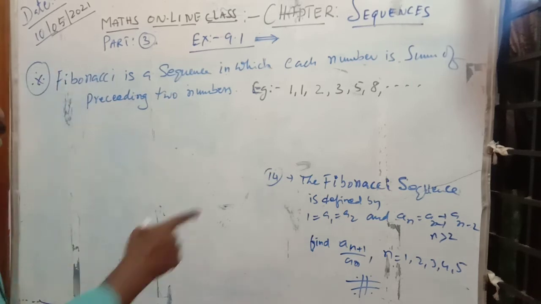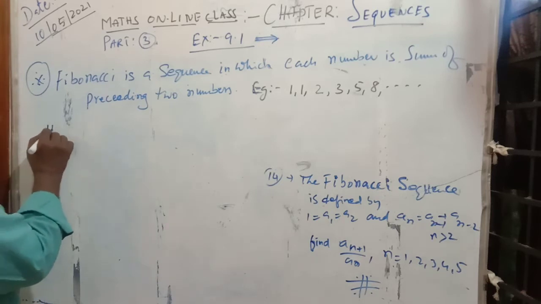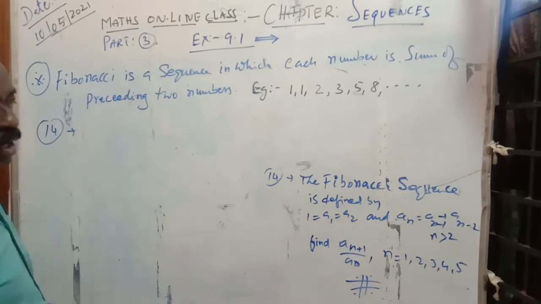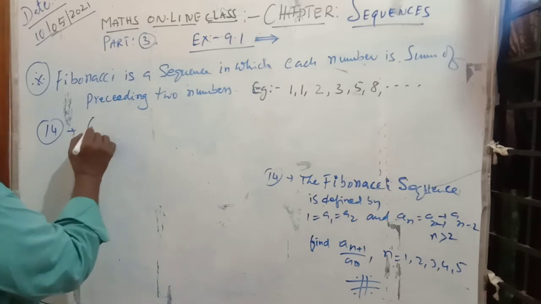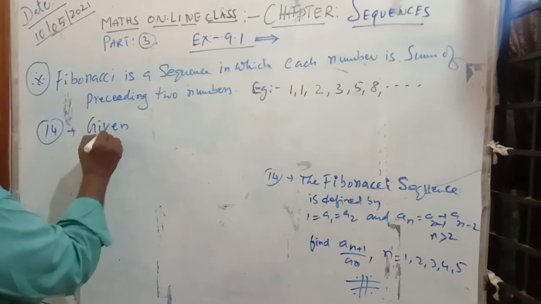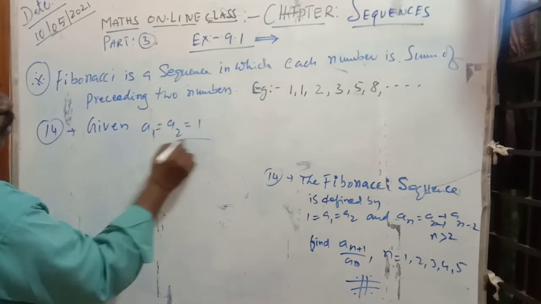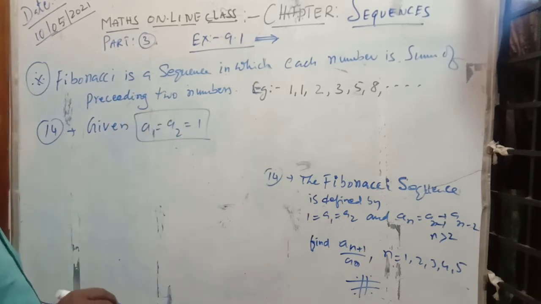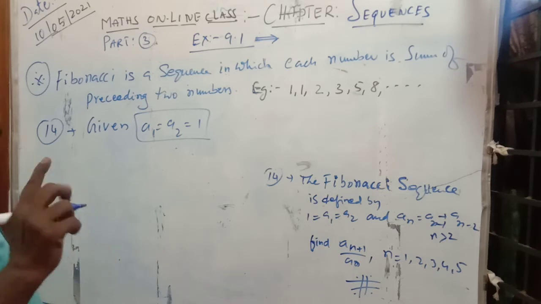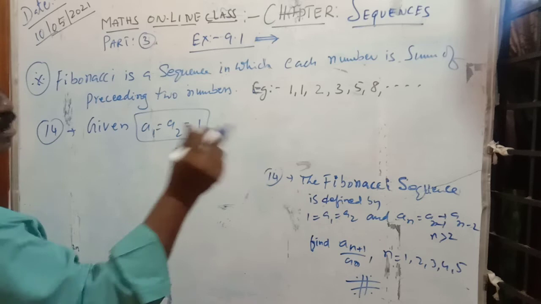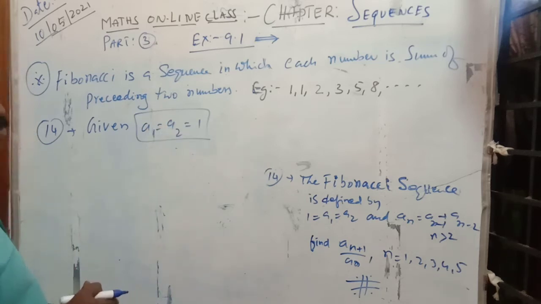Okay. Now, we'll come to problem 14. What is the 14th problem? You see, we are given A1, A2 is equal to 1. Now, the first two terms of any sequence or series are the same, no doubt it is a Fibonacci series.